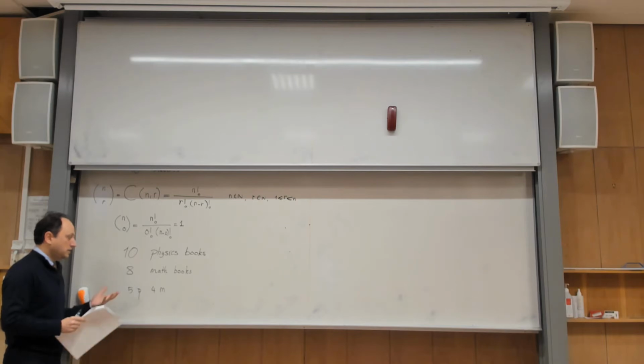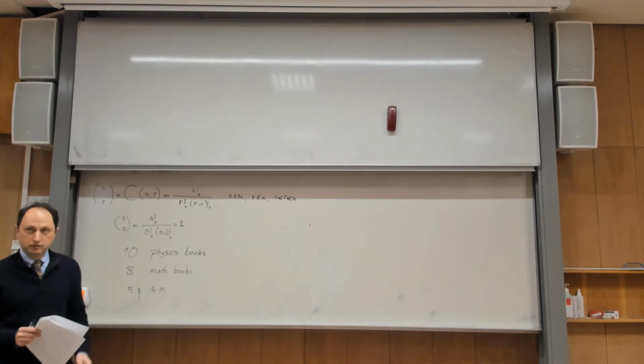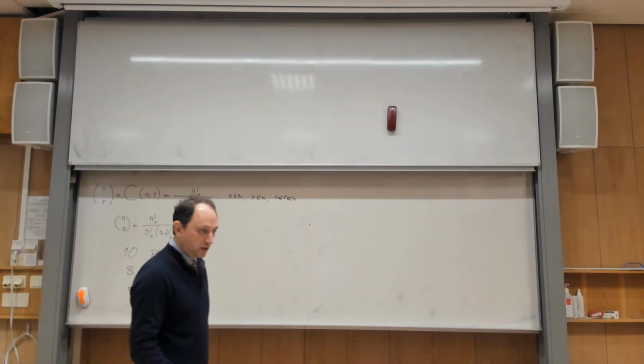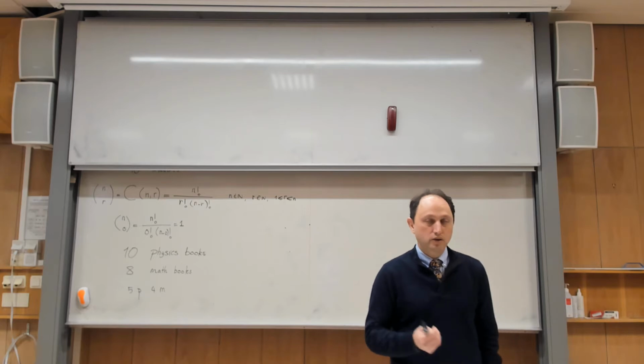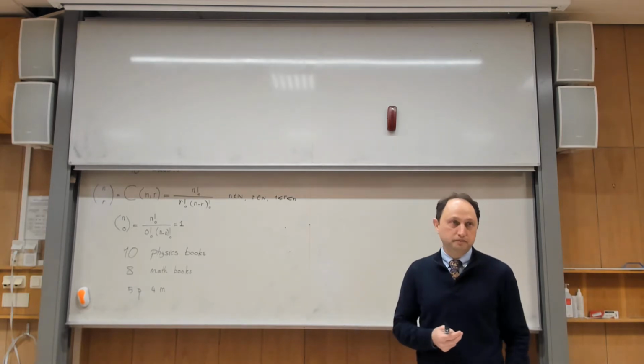In how many ways can I choose 5 physics books and 4 math books and arrange them alternatingly on a shelf? When I talk about arranging, it means that at the end order matters, yes? Okay, so how can I solve this problem?